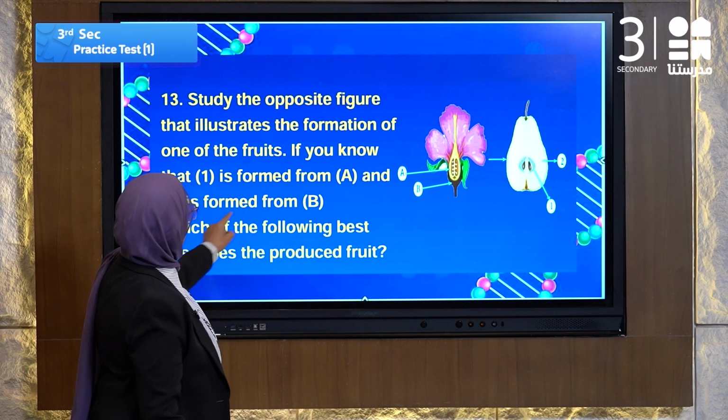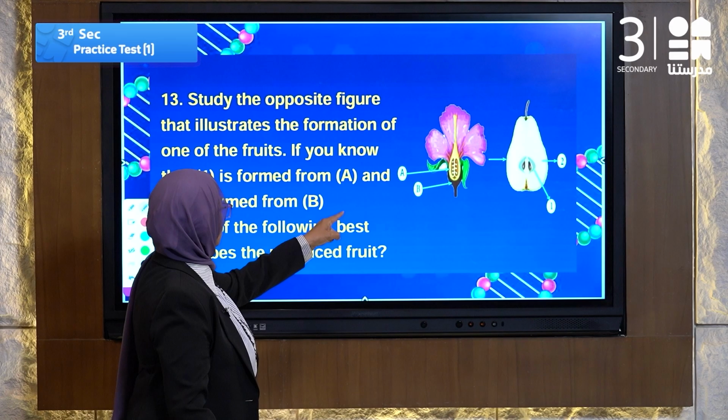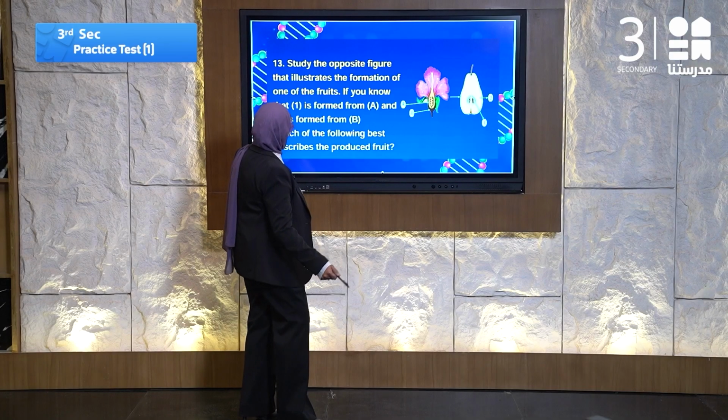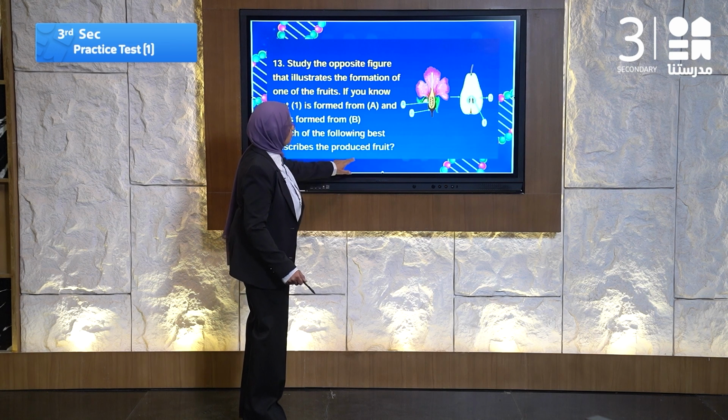And 2 is formed from B. 2 is the fruit. B is the receptacle. 2 is formed from B.